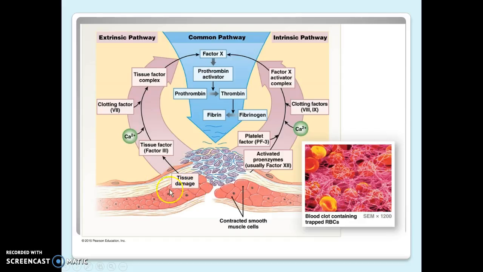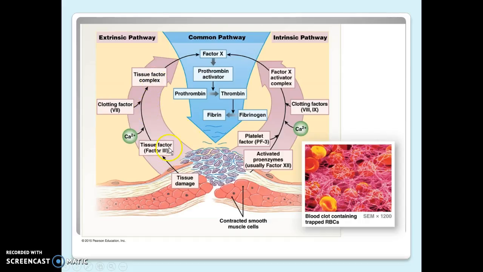With this tissue damage that occurs, the endothelial cells here will release tissue factor, which is clotting factor 3. This clotting factor 3 is going to connect with calcium ions, and also clotting factor 7, I can't read Roman numerals today, and that's going to create this tissue factor complex.